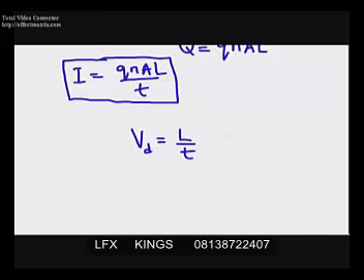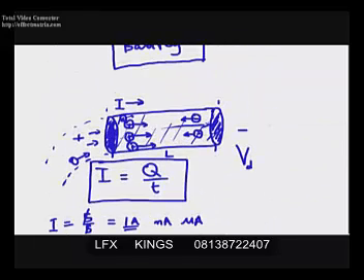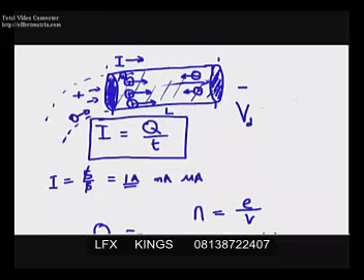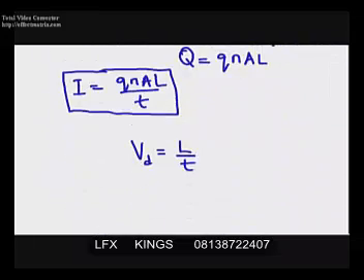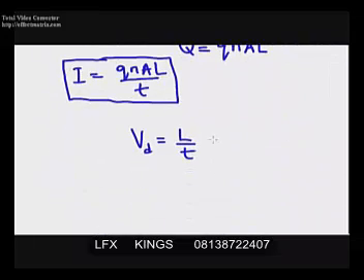So it is the length of this wire L divided by the time it takes to move from this point to this point. If the drift velocity is equal to length over time, then the length is equal to the drift velocity multiplied by time.